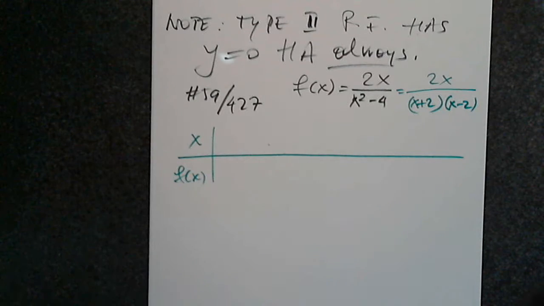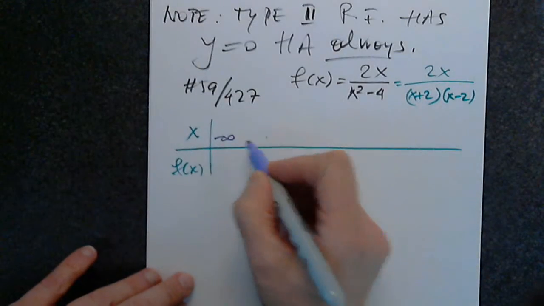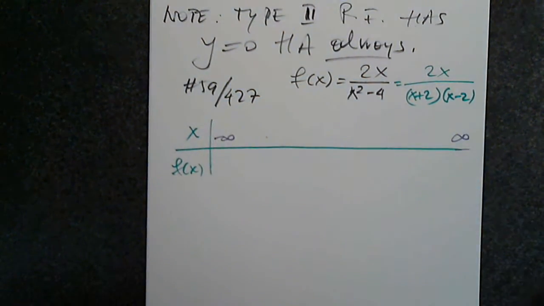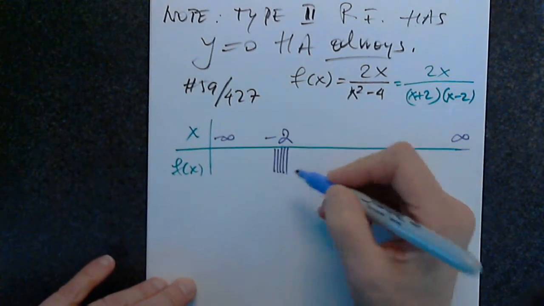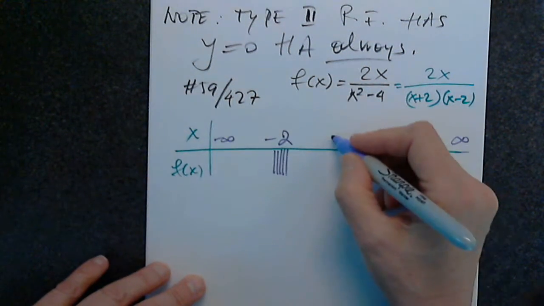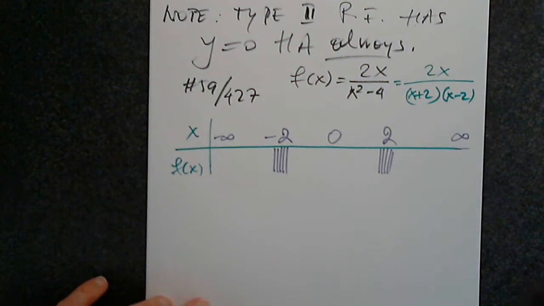It's the same function, but then I didn't tell you what it was. We only said it's a rational expression, but it's also a function. So can anyone give us a domain? Negative infinity to negative 2, and then negative 2 to 2, and then 2 to positive infinity.